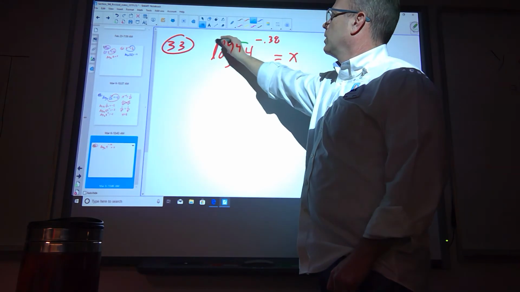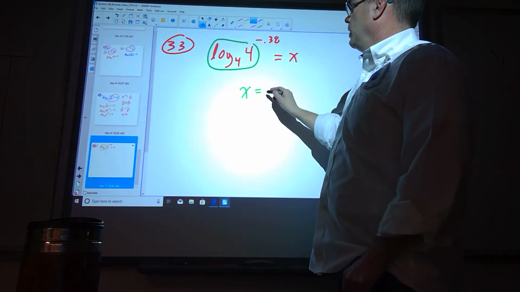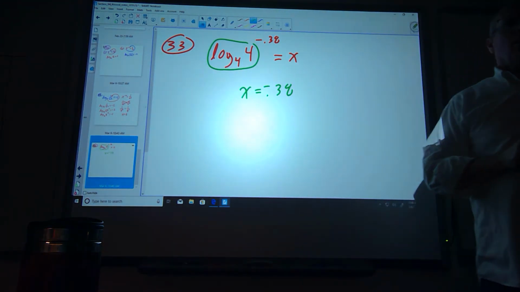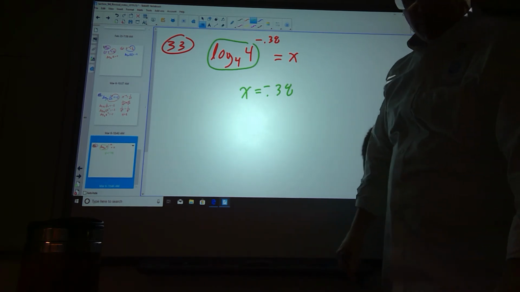Because I have this, that just says the exponent comes down. So you have x equals negative 0.38. What are other questions off that homework? Anything else going once? 13?